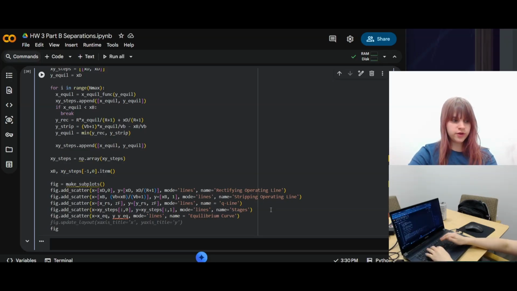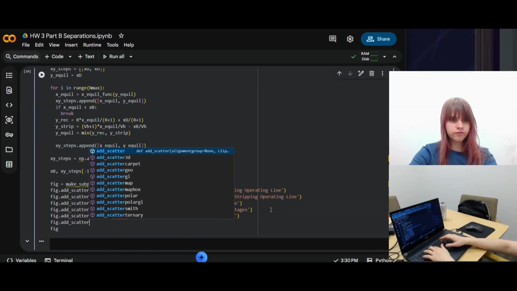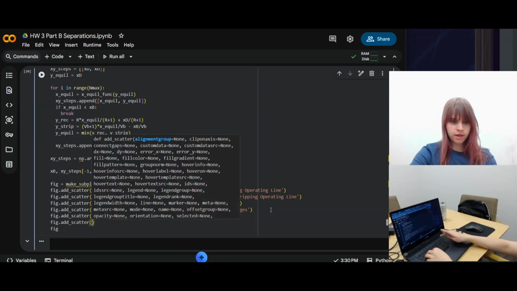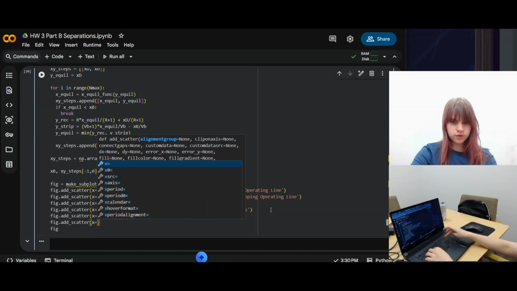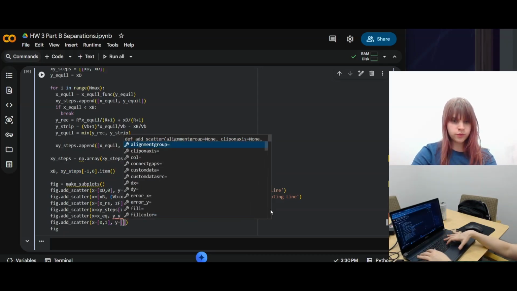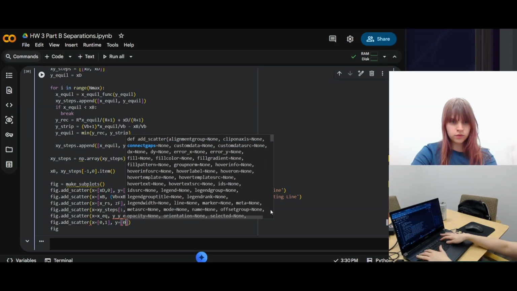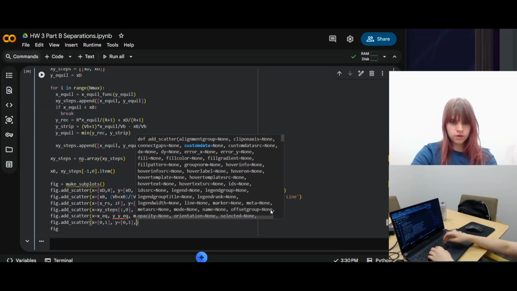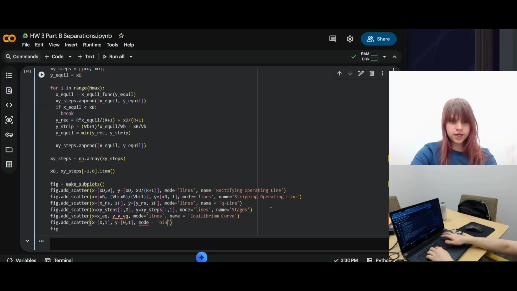And we also want to do a 45-degree reference line. So we're going to do add scatter. X is equal to 0, 1, and Y is equal to 0, 1. Mode is equal to lines.